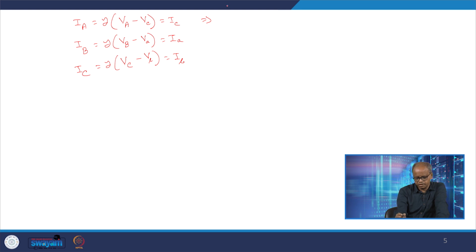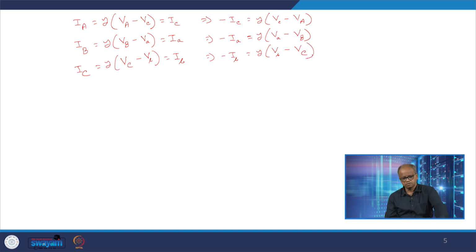So, from here we will write that minus IC is y into V small c minus V capital A, minus IA is y into V small a minus V capital B, and minus IB is equal to y into V small b minus capital C. So, I have got 6 currents.